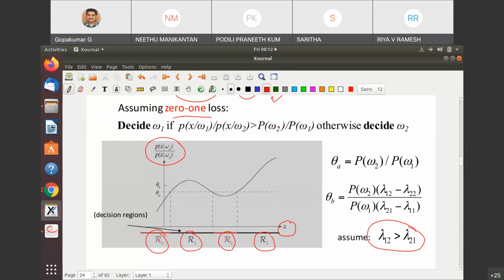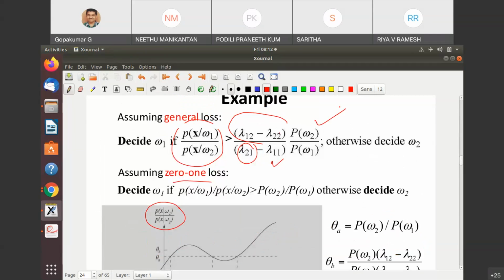So for example, we define a threshold value for the right hand side of this equation. Let us take it as theta. We can have many possibilities: theta a, another threshold theta b, another theta c, etc. Suppose for theta a we say that this term, probability of w2 by probability of w1, is 1.